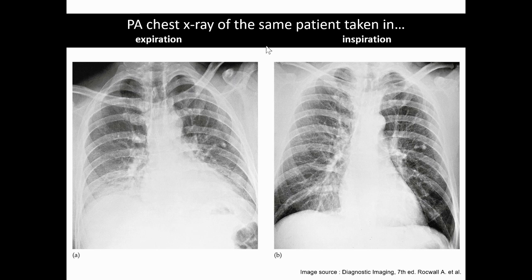Now, it's very, very important for patients to take in a deep breath and hold it at the time of examination, because if they happen to blow out the air from their lungs when the image is taken, then the diaphragm will rise up, the basal segments will collapse, and you might mistake this area either for a consolidation or fibrosis or something other than normal lung tissue.